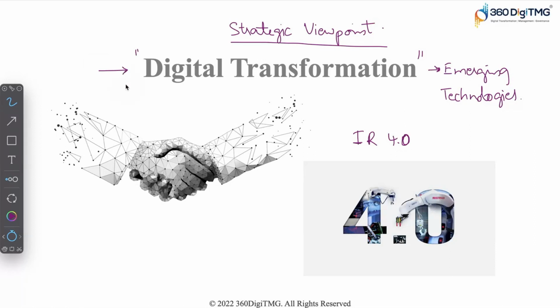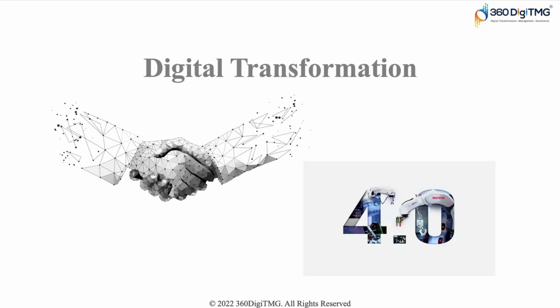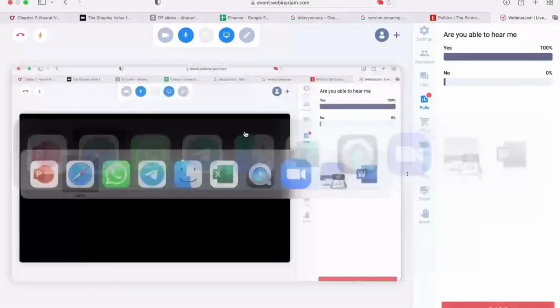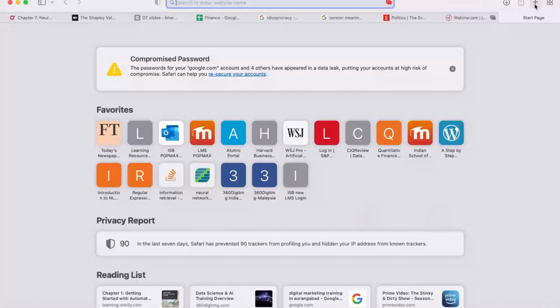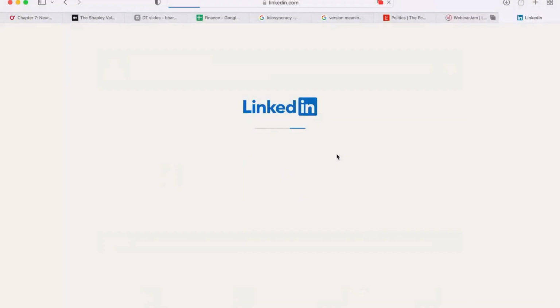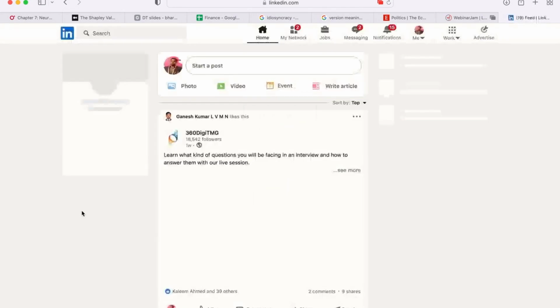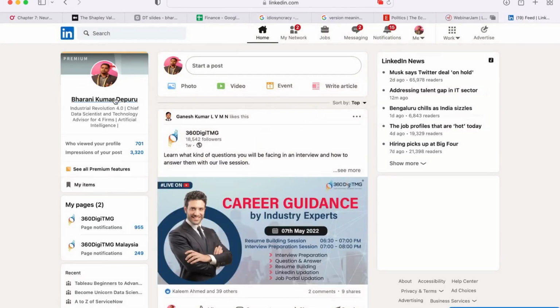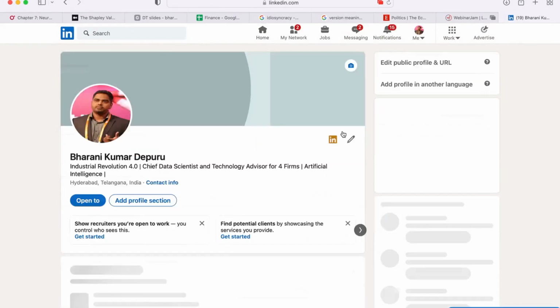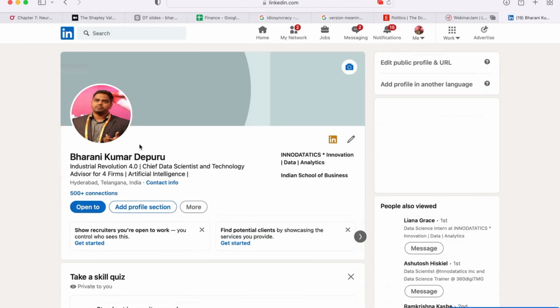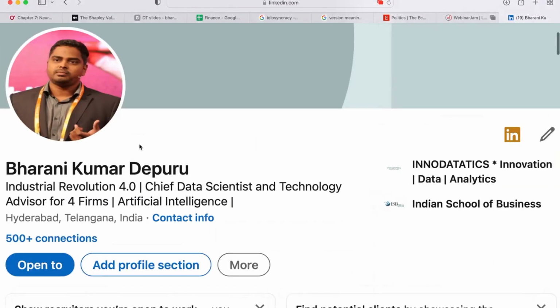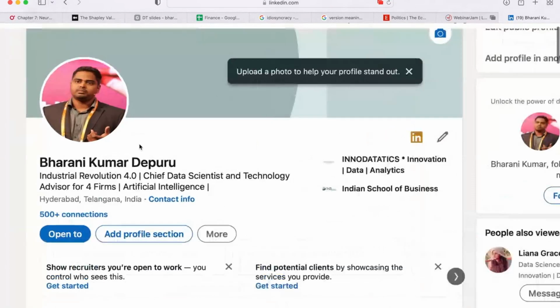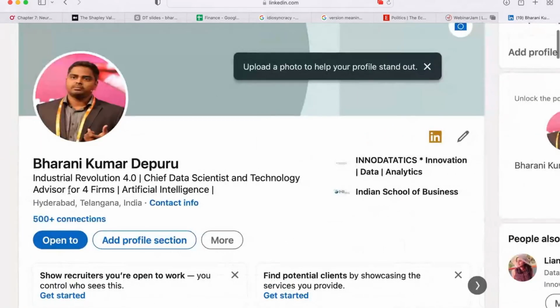so that you can embark on the journey of digital transformation. Even before we proceed further, I wish to quickly introduce myself by getting into my LinkedIn profile. So, this is me. I'm Bharani Kumar. I happen to be an Industrial Revolution 4.0 implementer, a chief data scientist, and technology advisor for 4 different companies.